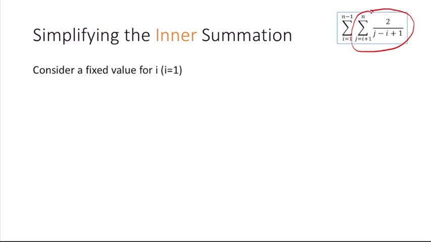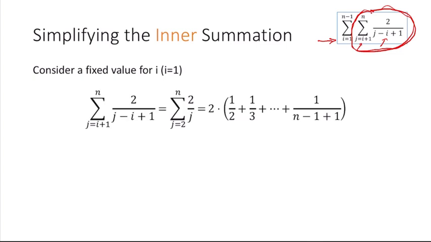So we're going to look at just this part. Let's look at it for a couple of specific values, the smallest value of i and another value of i. If we plug in i equal to 1 into this red part, the inner summation, I'm going to plug in 1 here and 1 here. When I do that, the inner summation simplifies to this equation.